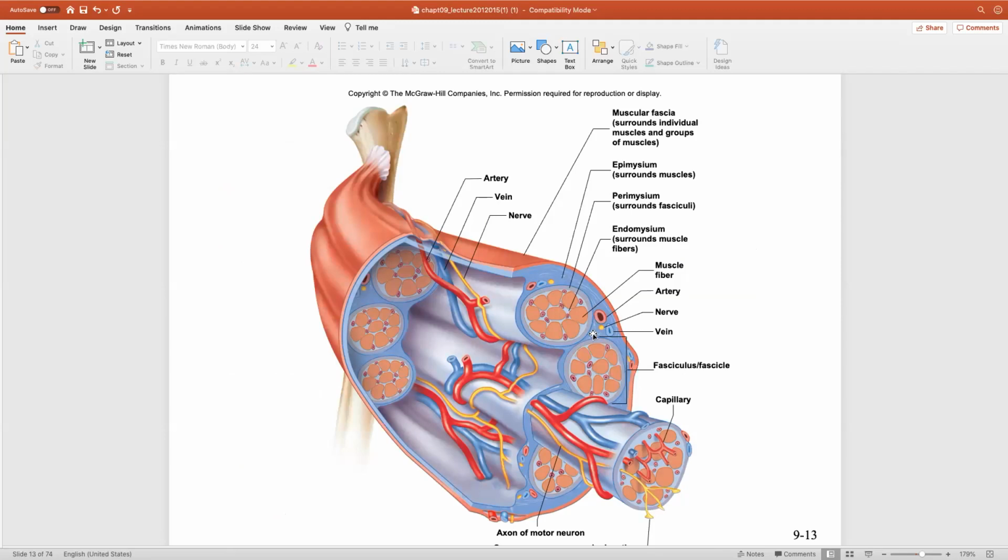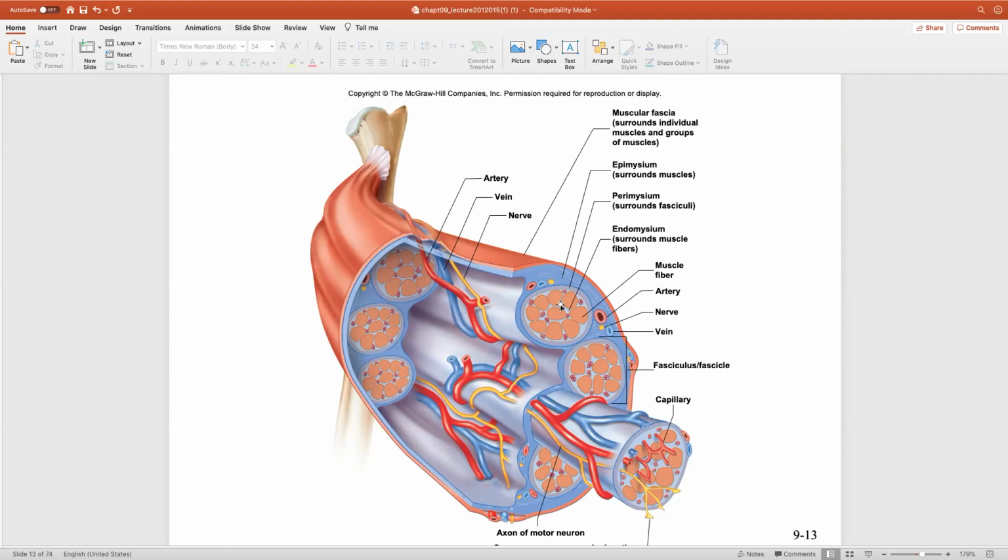The perimysium connects each cluster of skeletal muscle cells that are arranged in fascicles. So this perimysium winds around each of the fascicles, keeping these fascicles nice and taut and connected to each other.